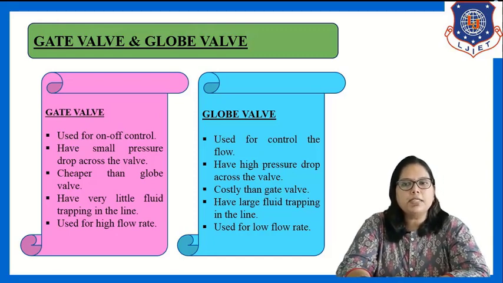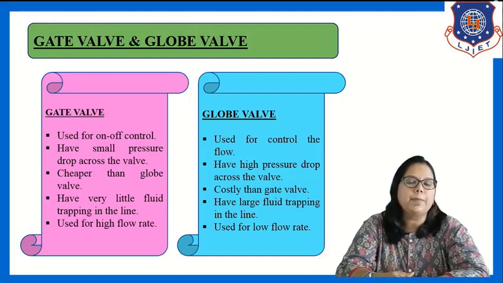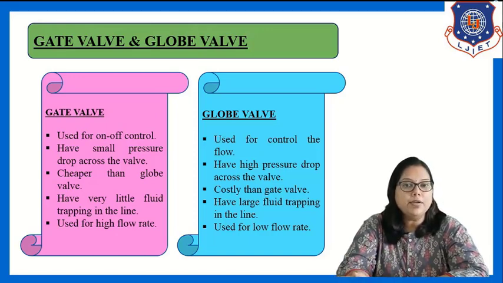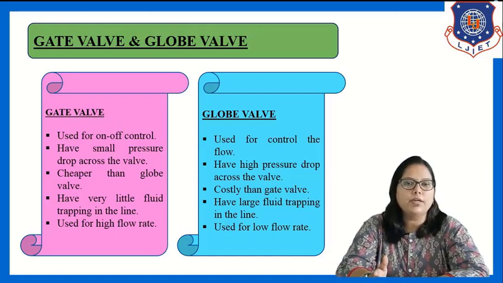The next point of difference is that the gate valve has very little fluid trapping in the line. Obviously, because it is used only for on-off control. Either it continues the flow or it stops the flow, so there is very little chance of fluid trapping in the line.